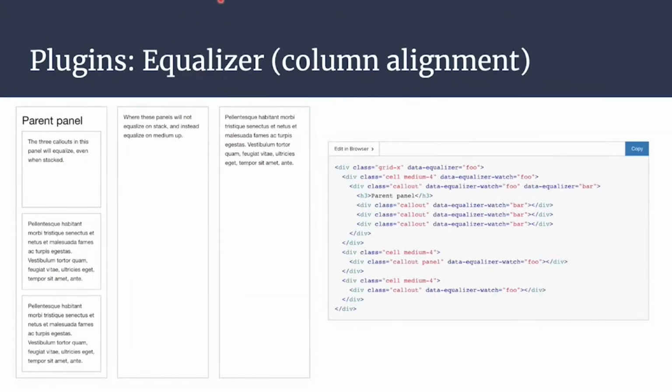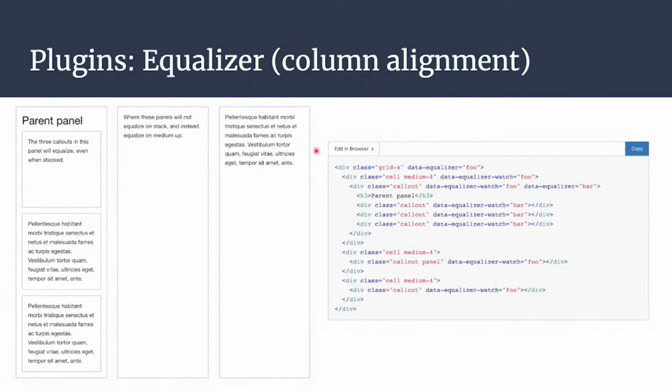The second plugin that I'm going to talk about is Equalizer. Equalizer is a library that makes it very simple for you to give multiple items equal height. For example, you may want to have 3 columns that have the same height. So how do you do that?